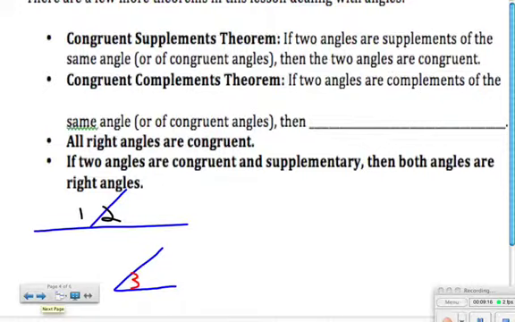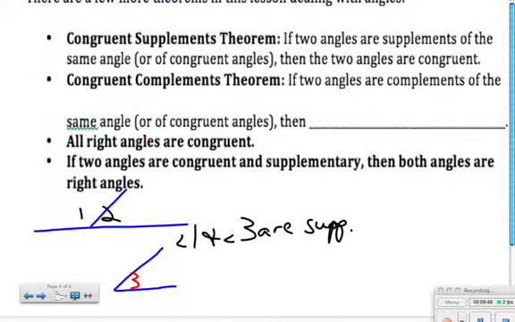Visually, it's very clear that angles 1 and 2 are supplementary. If I also told you that angles 1 and 3 are supplementary, notice that if angles 1 and 2 are supplementary and 1 and 3 are supplementary, what other relationship exists between some angles in this diagram, Taylor?